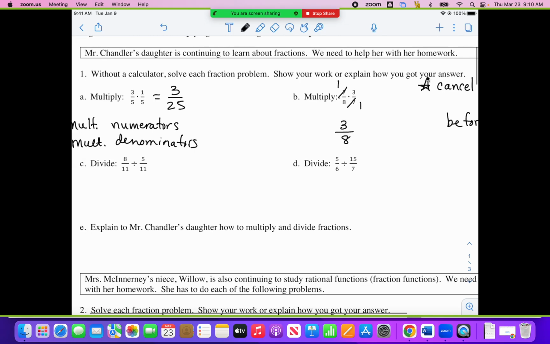All right, letter C. Who remembers how to divide a fraction? We've talked about this a few times this year. What do you do, Mia? Yeah.